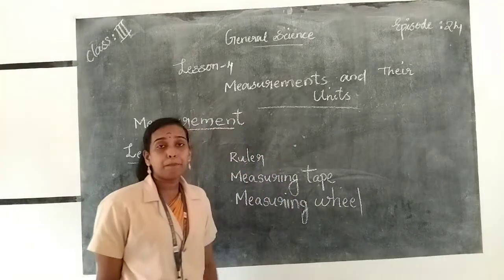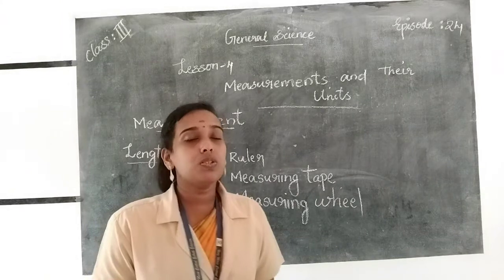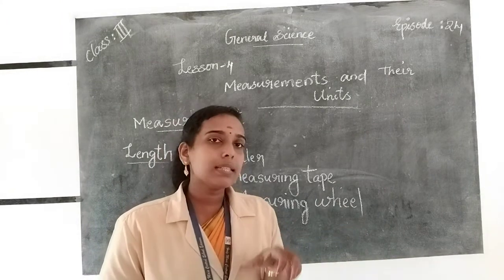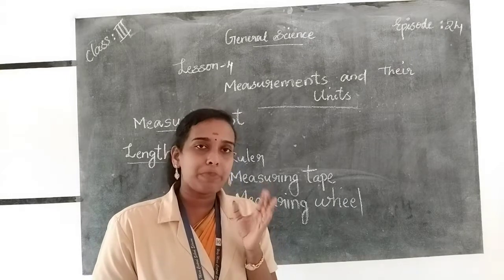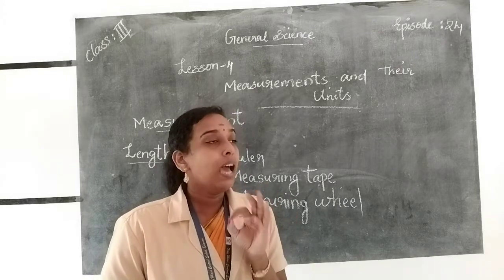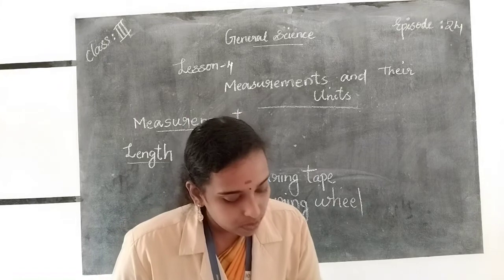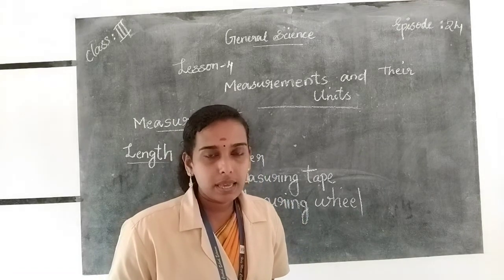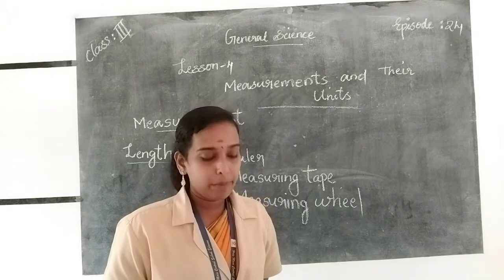So these are the main instruments that we use to measure the length of things. Then there are some units which are used to represent the length of things, and the main units that we use to measure length are meter, centimeter and kilometer.